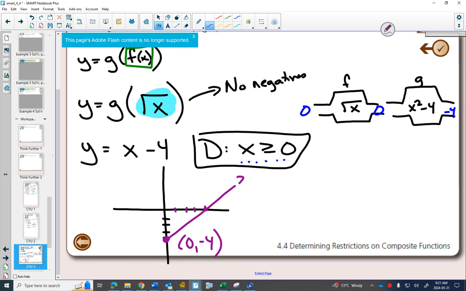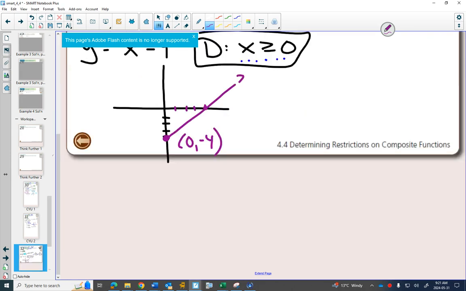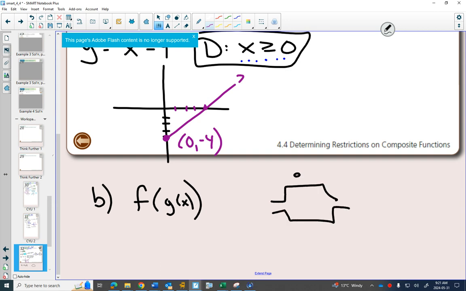Okay, part B. Part B has f of g of x. So now it goes into g first, and then goes into f afterwards. So it gets squared minus 4 first, and then it gets square rooted second.